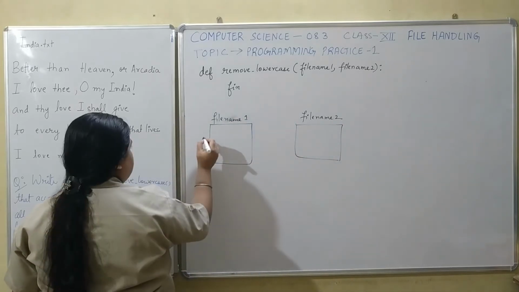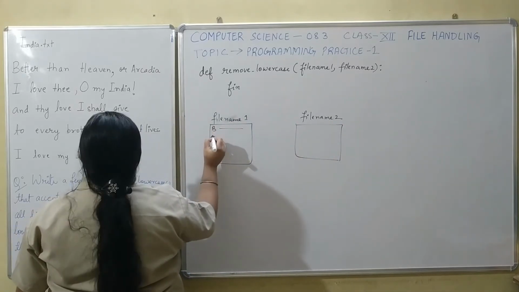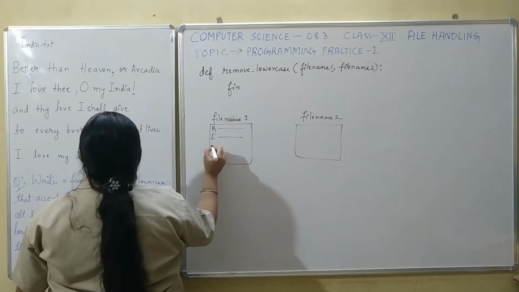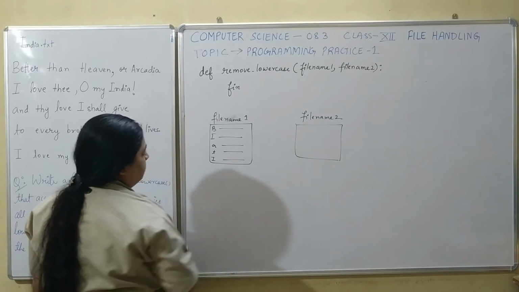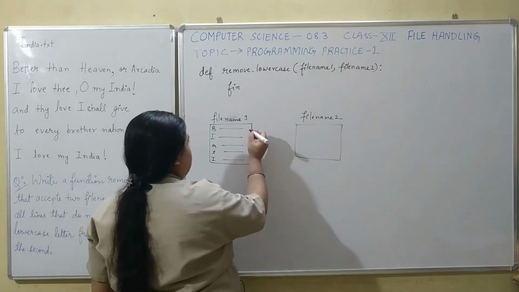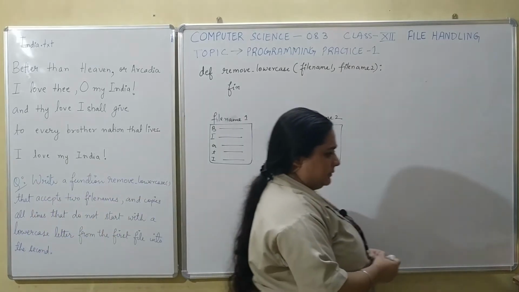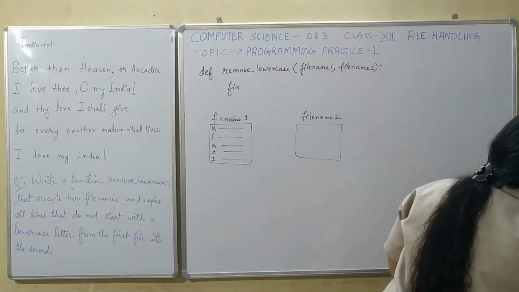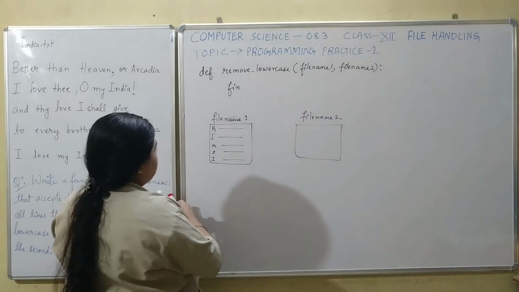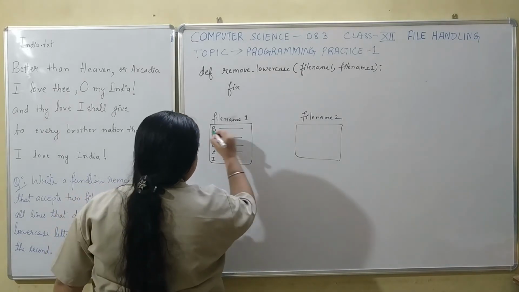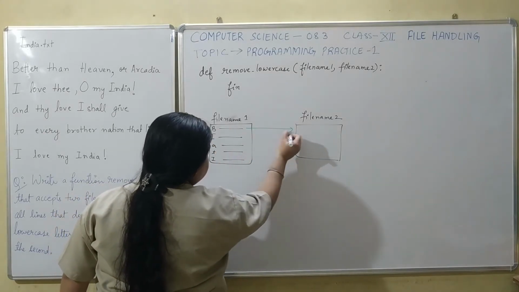So we can see that we have a capital letter here, we have a small letter here. So we are going to take up all those lines. The first one is okay, so we are going to send this line here.